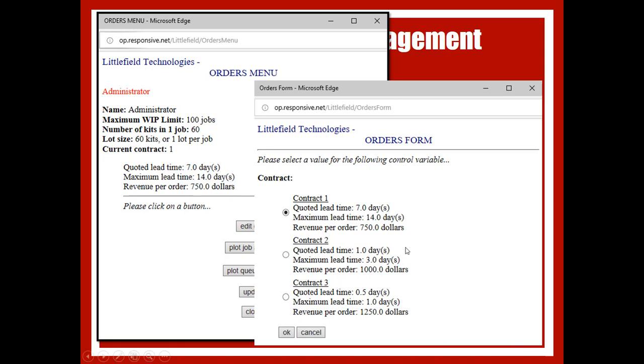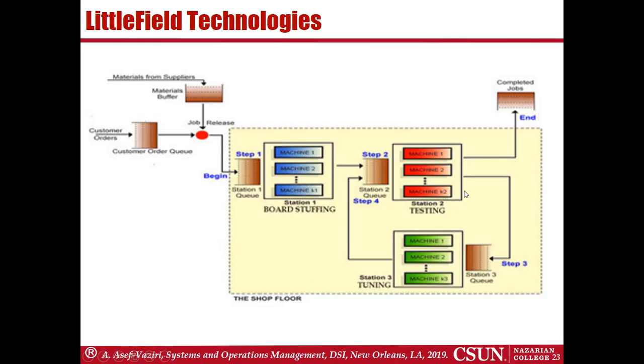In the second type of contract, if we deliver it in less than 1 day, we collect $1,000. But beyond 3 days, we collect nothing. And in the current contract, if we deliver it in less than 7 days, we collect $750. And if we deliver it after 14 days, we collect nothing.